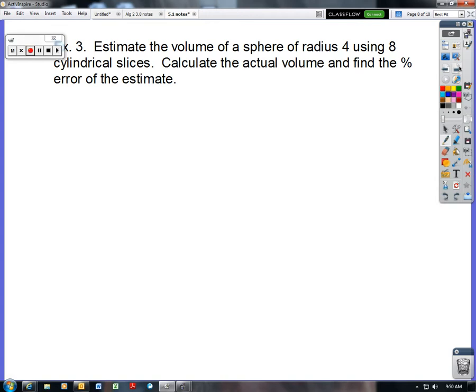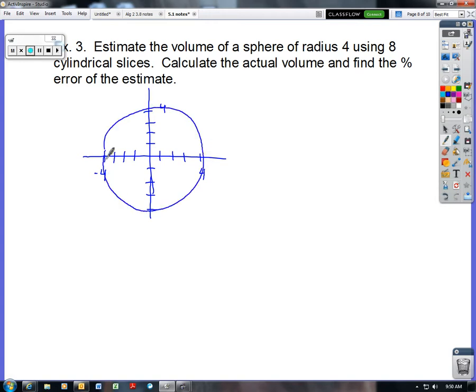So first of all, I've got a sphere of radius 4, and we're going to use cylindrical slices. What we're going to do is graph a cross-section of the sphere at the middle, that would pass through the midpoint of the sphere. So in other words, with a radius of 4, I'm going to attempt to draw a nice little circle through these as best I can.